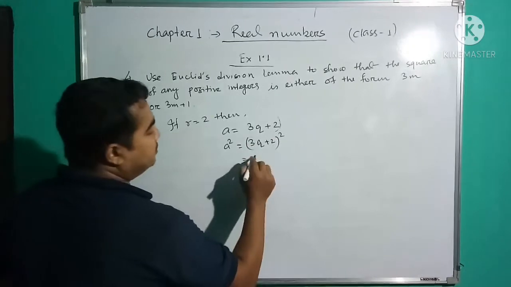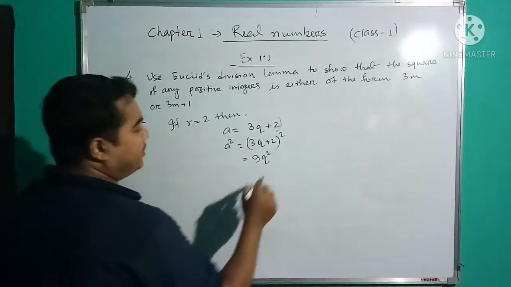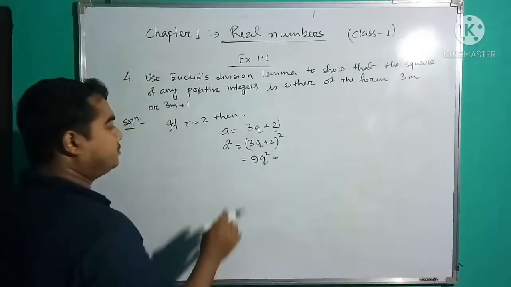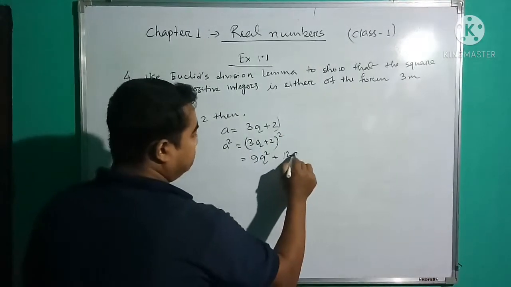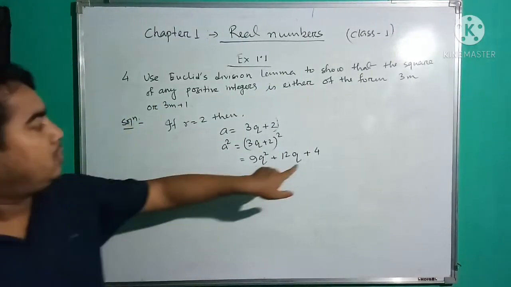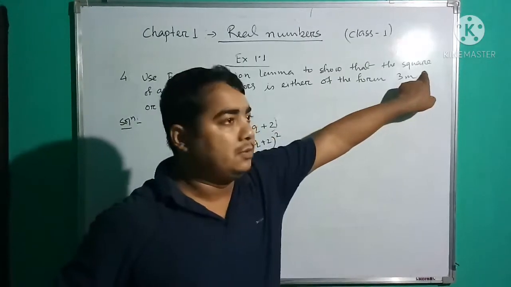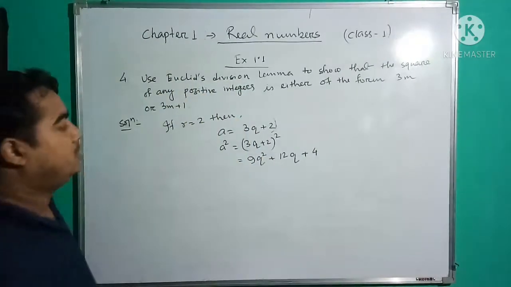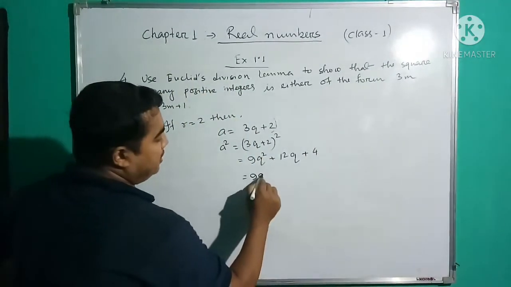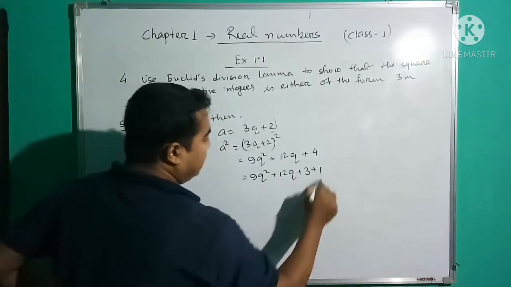Then 3 square is 9, 9q square, plus 2 times 3 times 2, that is 12q, and 2 square is 4. See, they don't want plus 4, they want only plus 1 or plus 0. So we can write it as 9q square plus 12q plus 3 plus 1.